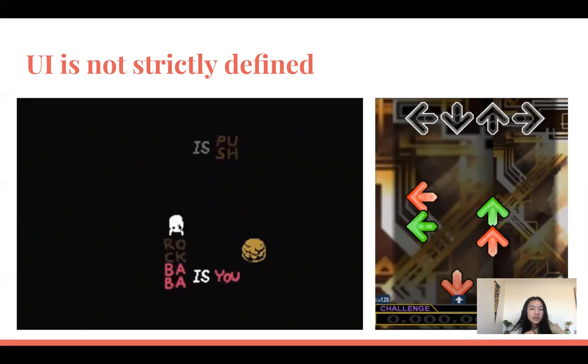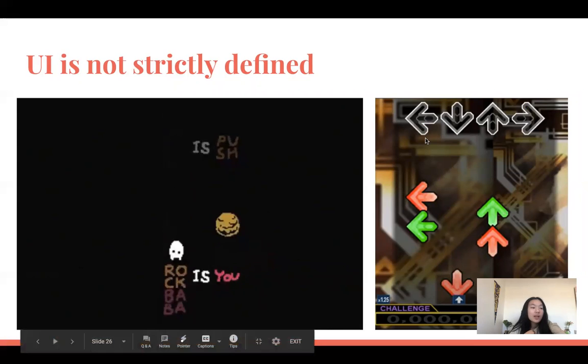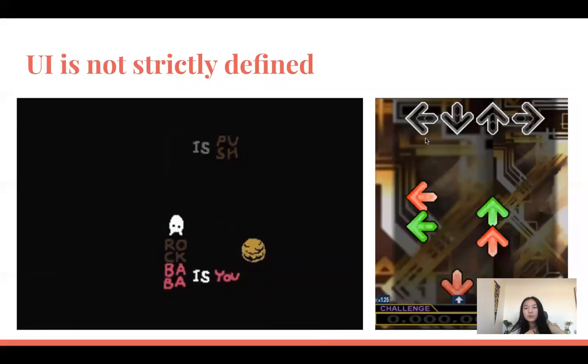So originally you're this character, but by pushing the word rock and changing the sentence to rock is you, you can essentially become the rock and start moving and controlling that. And on the right, we have a screenshot from Dance Dance Revolution. And so in this game, you're strictly interacting with the UI rather than the ways that other games may have, with a character. And so this is another creative way that you can step out of the boundaries of the classic UI examples.